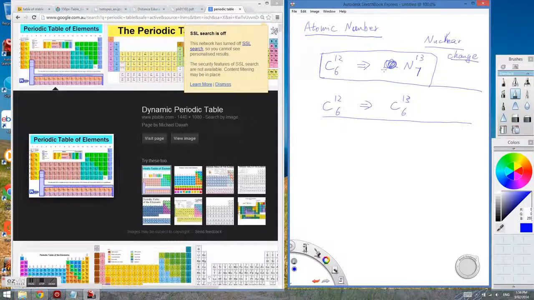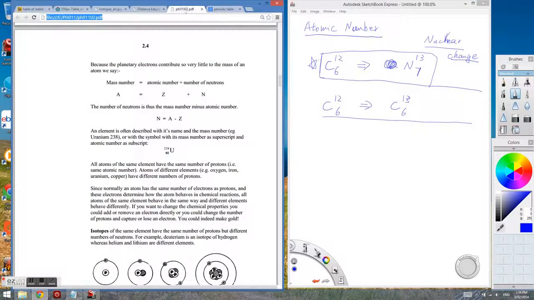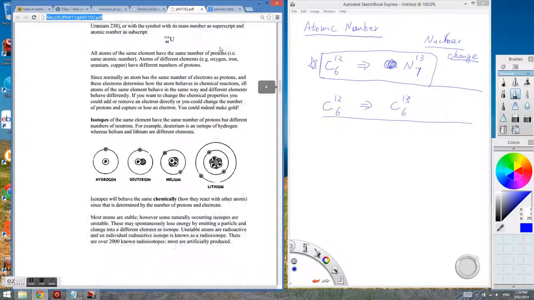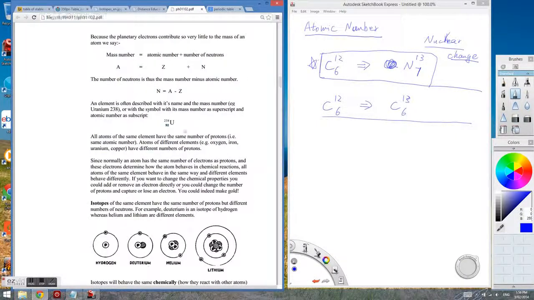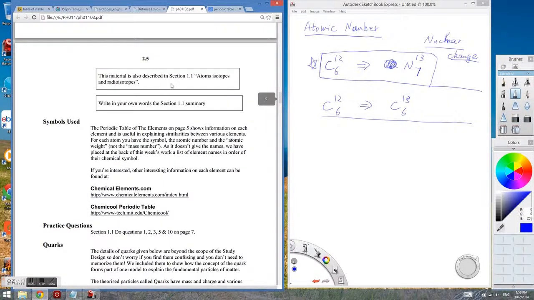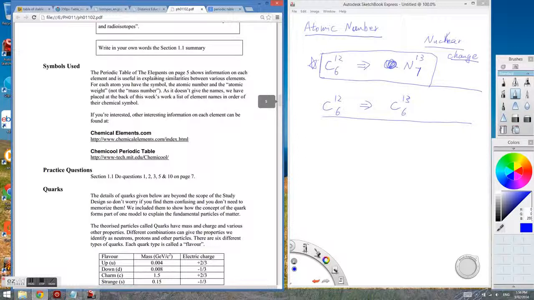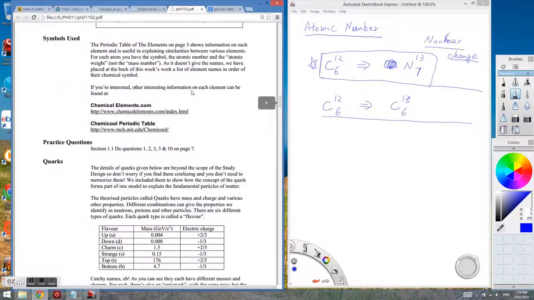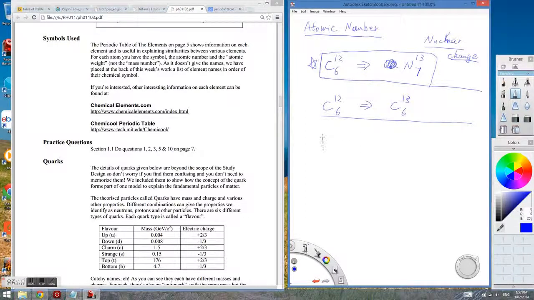Now let's go back to your notes. If you go to your notes, it tells you this. The simple thing is to go through that. Now here are your practice questions. You can go to your textbook, have a read, go to page 7, and do those questions: Section 1.1, questions 1, 2, 3, 5, and 10.